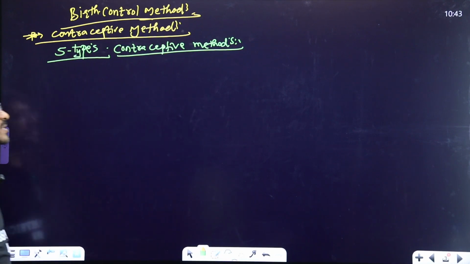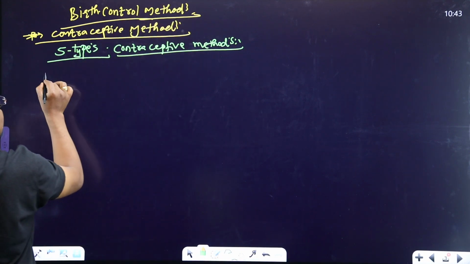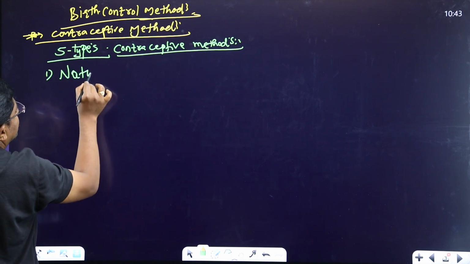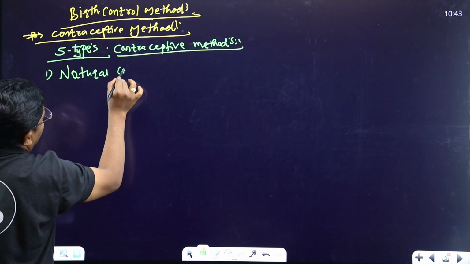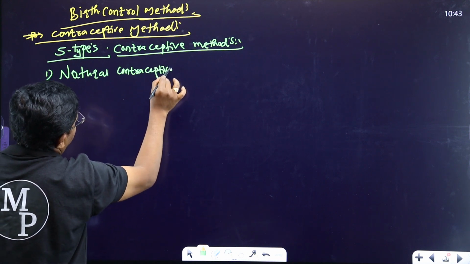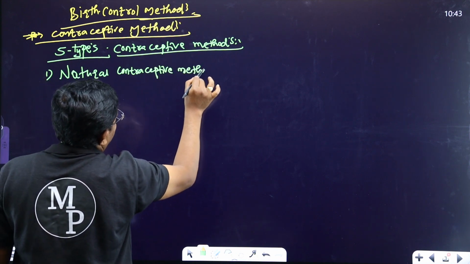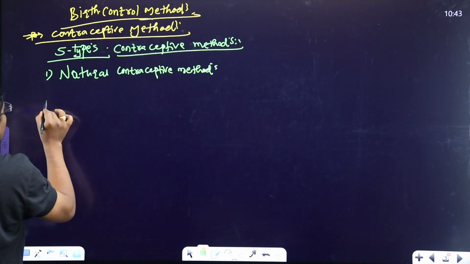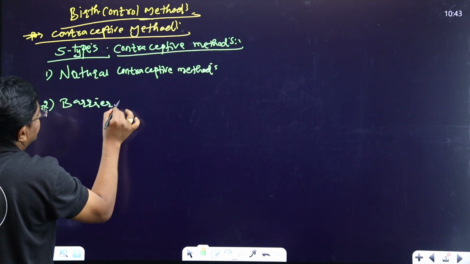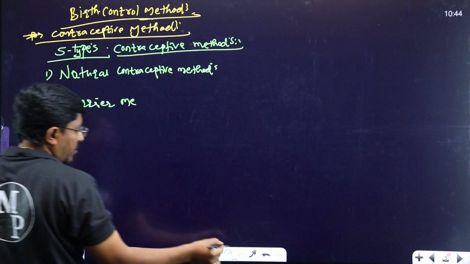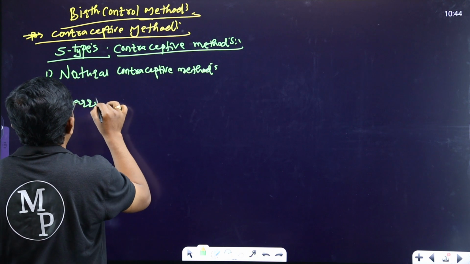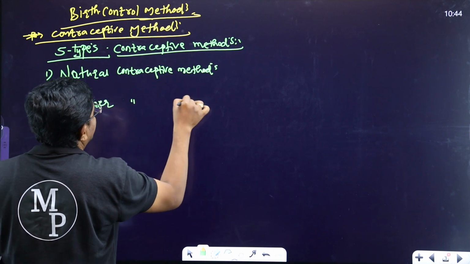Among these contraceptive methods, the first one is the natural contraceptive method. Next, barrier contraceptive methods.